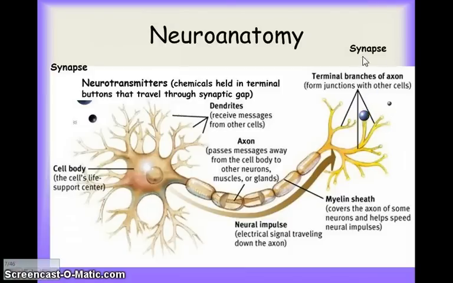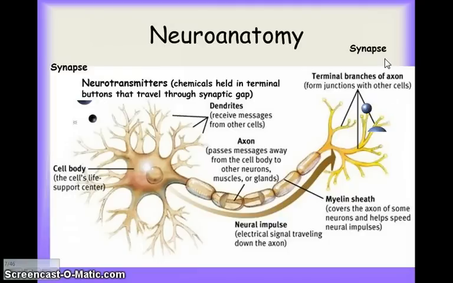The little gap that is between neurons is referred to as a synapse. Basically, these terminal bulbs release a chemical known as a neurotransmitter into the little synaptic gap between it and the next neuron. And then the next neuron decides whether or not there's enough of that neurotransmitter to cause it to send the next message.